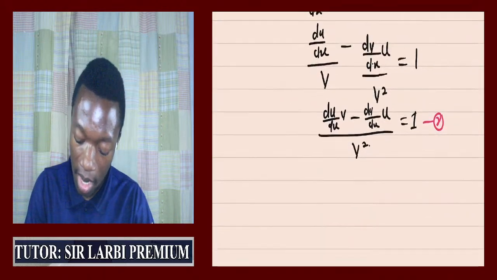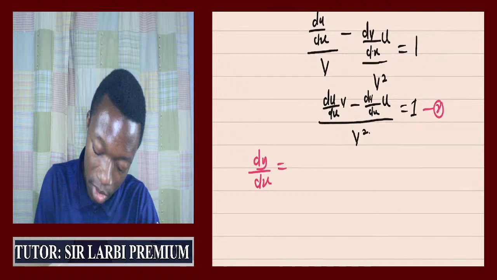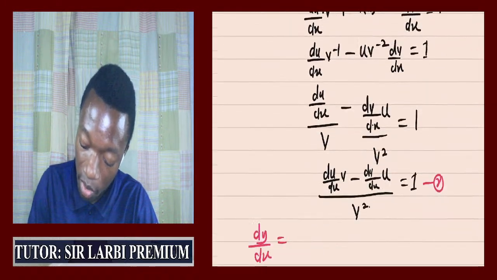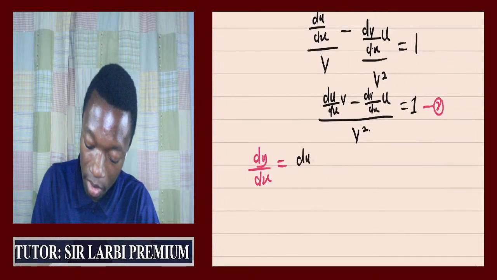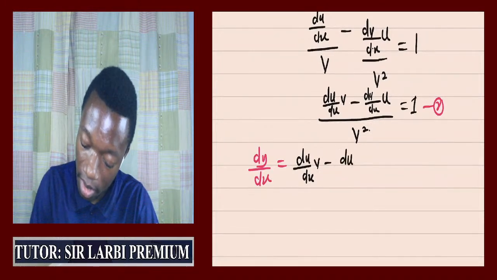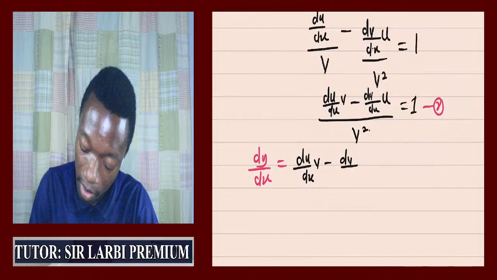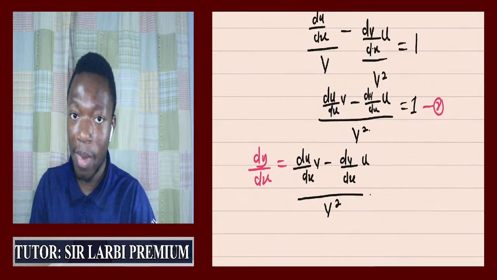So therefore, I will say that my dy over dx should give me, as the first equation, should be equated to the second one, which is du over dx times v minus dv over dx times u, all divided by v squared.